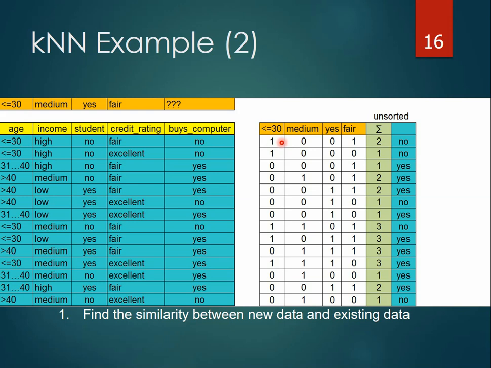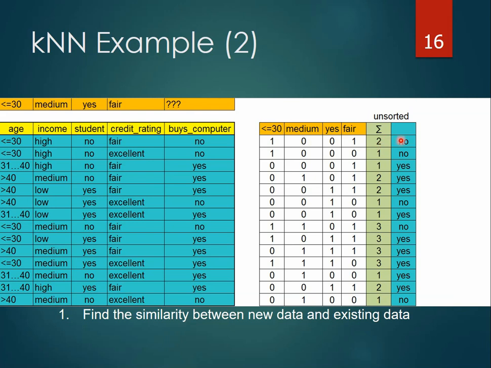If the value for the attribute is not similar, or dissimilar, we put 0. So for the first tuple it is 1 0 0 1, and we take a summation of the values of this row: 1 plus 0 plus 0 plus 1 is going to be 2.